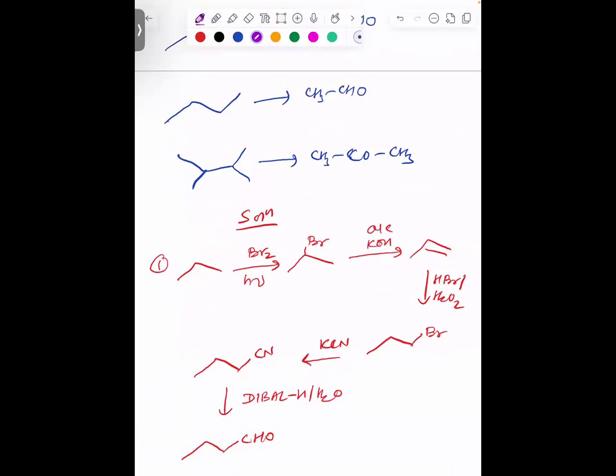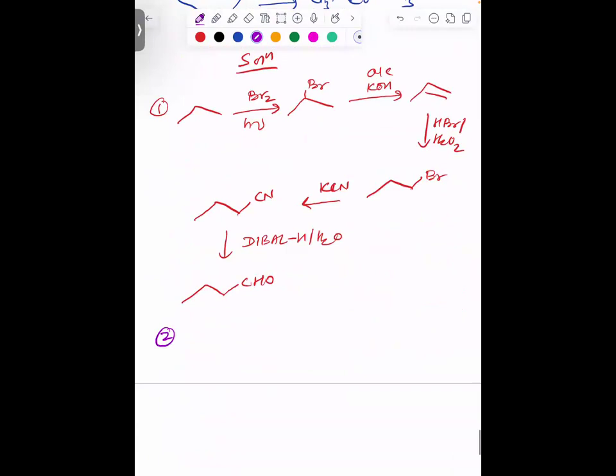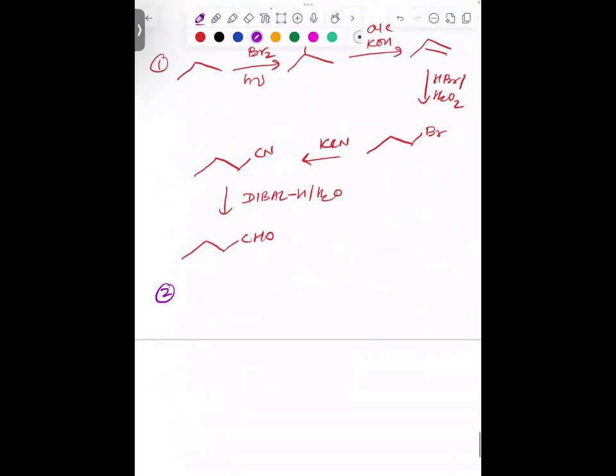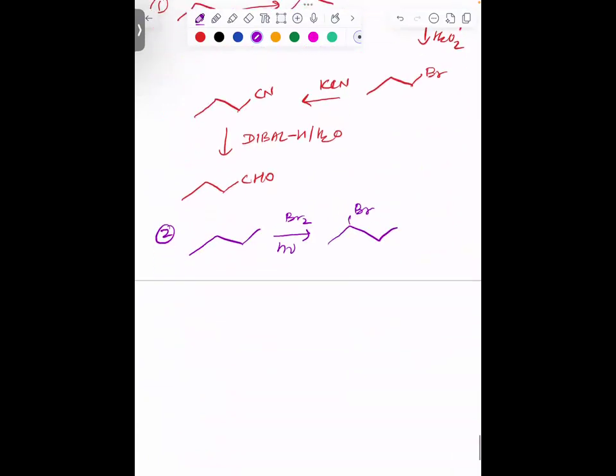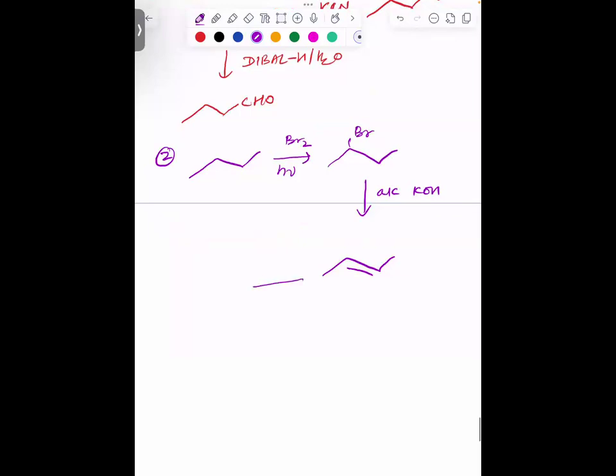So the method we use to halve the carbon is ozonolysis, which means we need an alkene. We have to convert the alkane into an alkene. Again, first we apply bromination, that will give bromoalkane, then alcoholic KOH, then O3, zinc, water, CH3CHO. Second method clear?